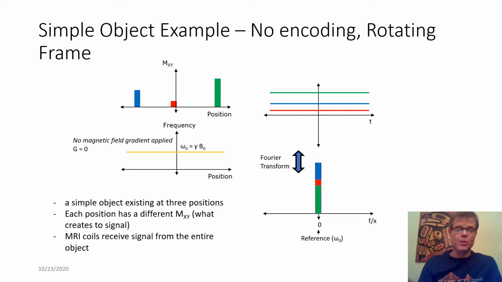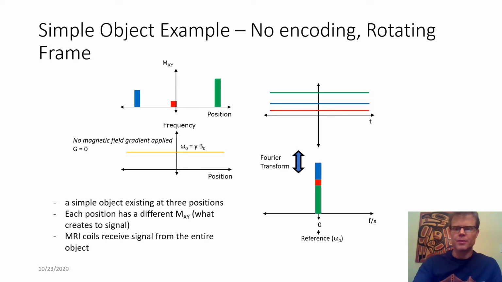Now I want to move us over to the rotating frame, because that makes our analysis a bit easier, in which case we remove the omega naught part of the oscillation, which just leaves us with what would be a constant signal amplitude over time.